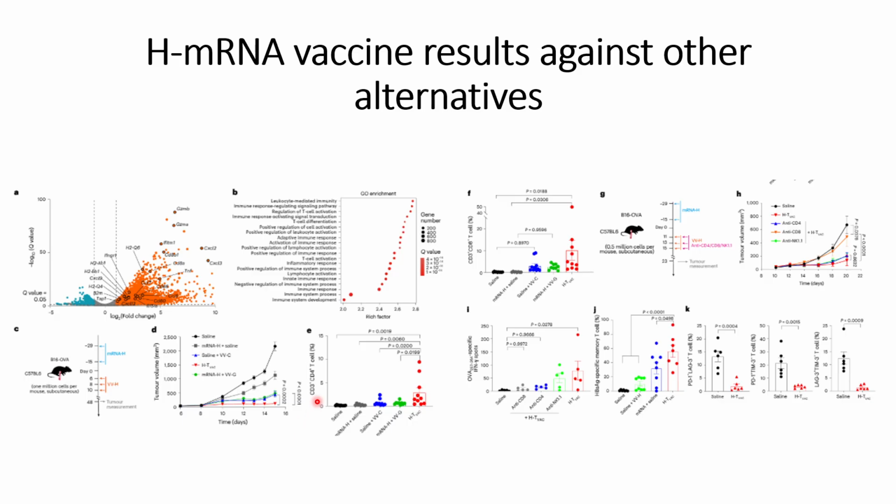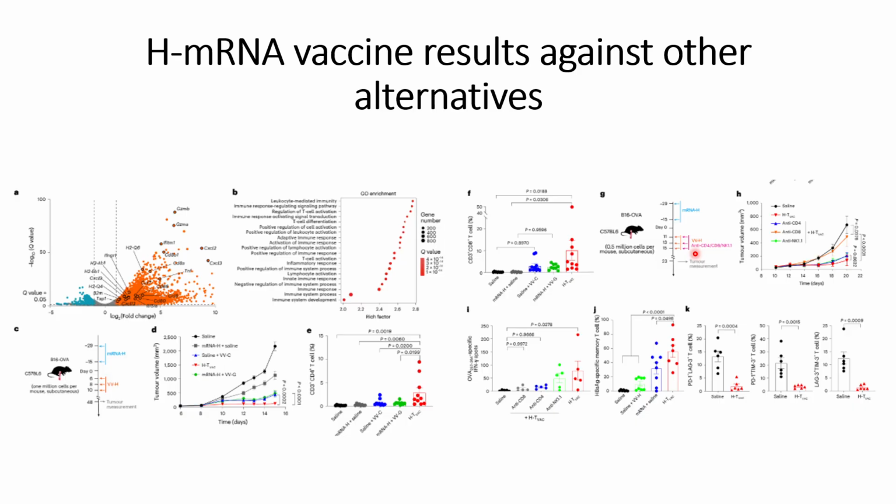They further validated this using activated T cells. They saw that the maximum activated T cells, that is CD4 plus T cells and CD8 plus T cells, are found with their H-mRNA based vaccines compared to the other alternatives. Once they validated that these H-T vaccines function efficiently, they then wanted to find out which of the different subsets of immune cells perform this tumor suppression.